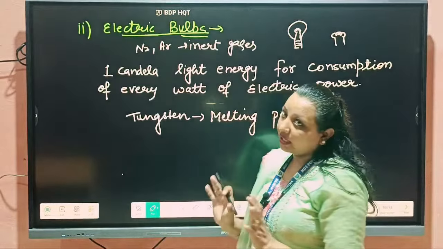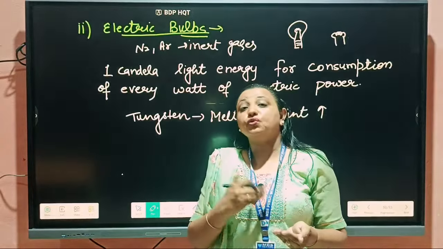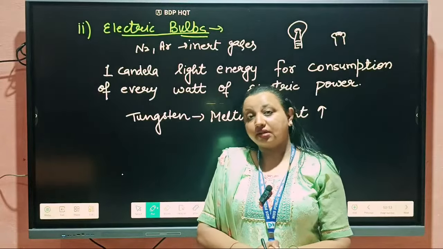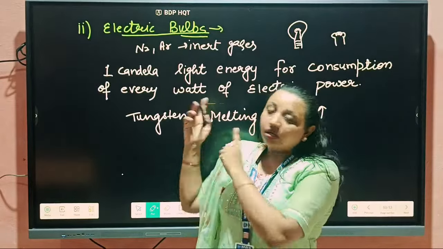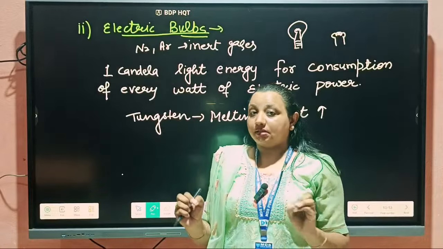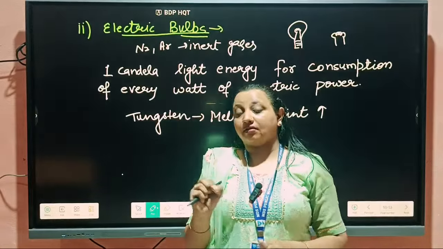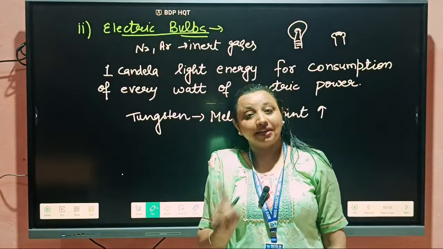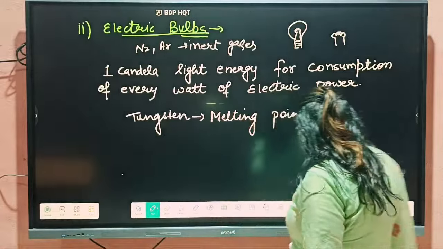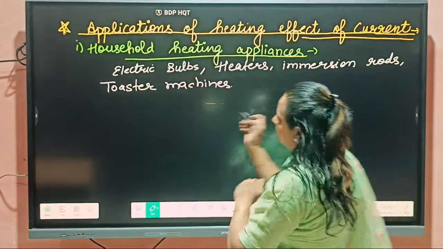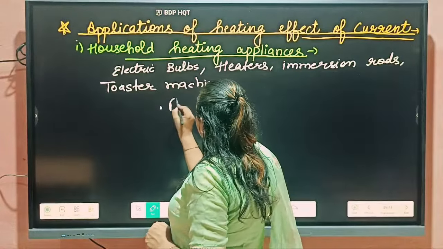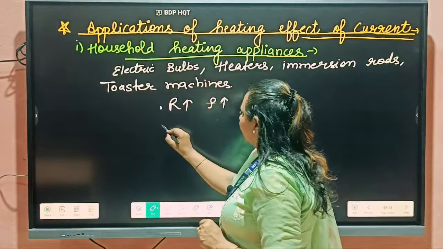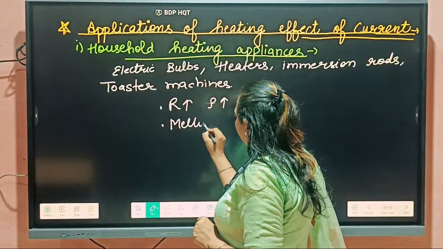The resistance is also high, which produces heat energy, because we see in the formula of heat energy that H is directly proportional to R. So in electrical appliances which use the heating effect of electric current, the resistance and resistivity must be high so that they can produce a larger amount of heat energy. Like in all these appliances, they must have high resistance and high resistivity, and they also have a high melting point.